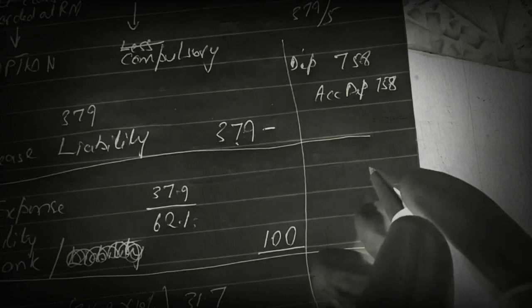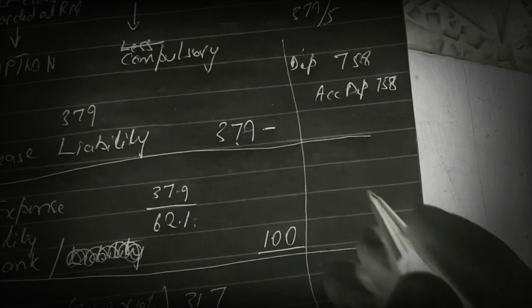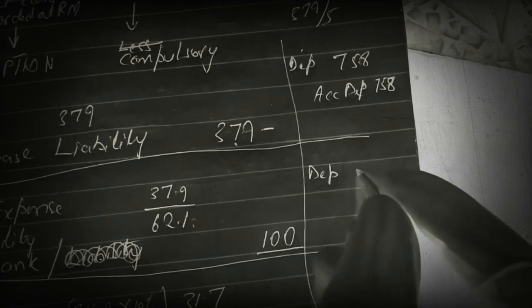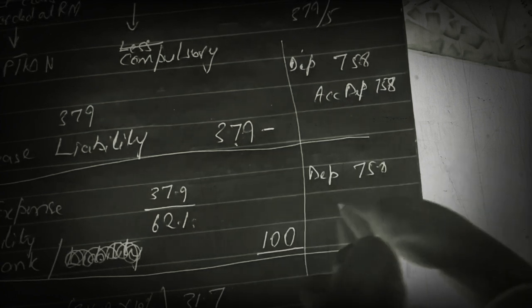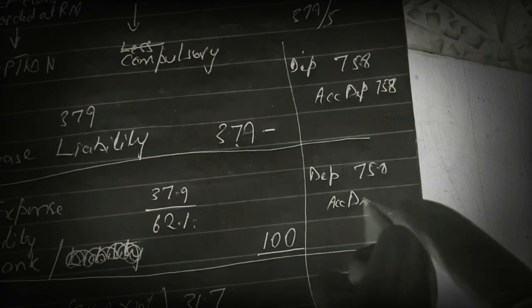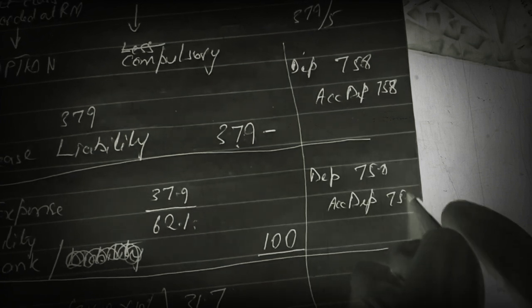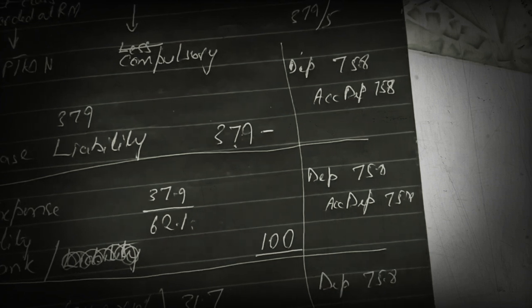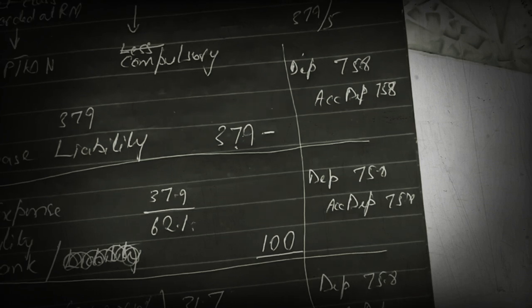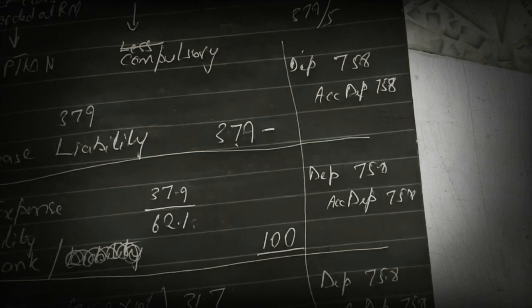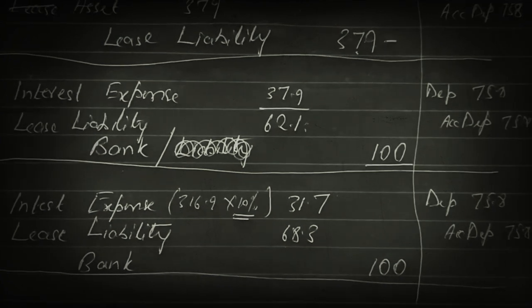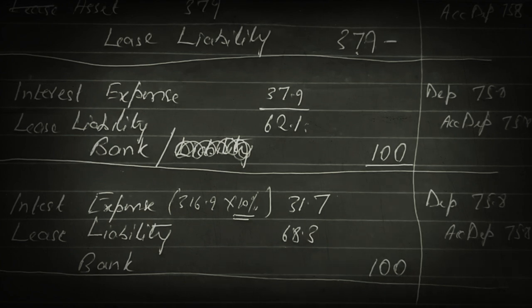The same would be posted in all of those years because the depreciation would remain the same. So this is how we account for the lease asset as well as the lease liability subsequently after initial recognition.